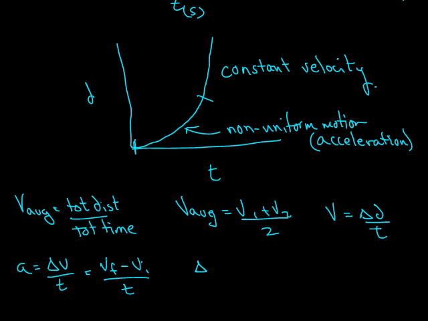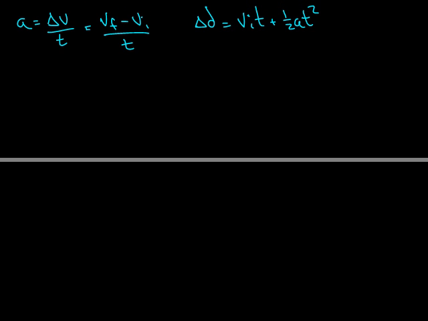You'll have this other formula here, which is a very useful one. Delta d, so a change in position, is equal to vit plus 1/2 at squared. So when you have all the variables except for one, then you can solve for the one that you don't have. Let's see now. We have another one that we haven't used too much, but it's just as useful.